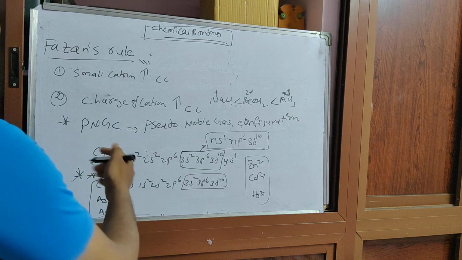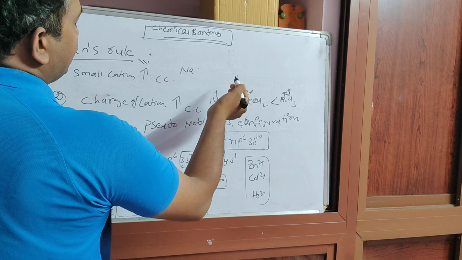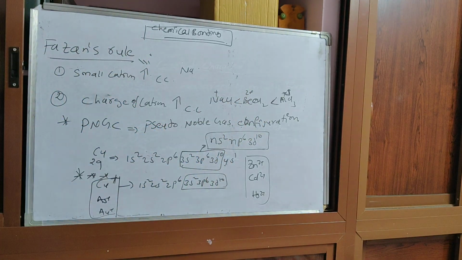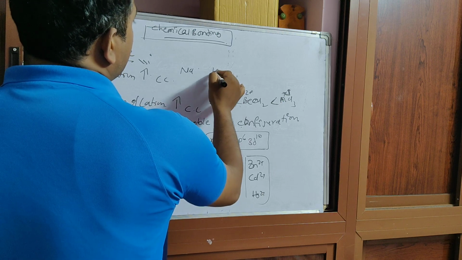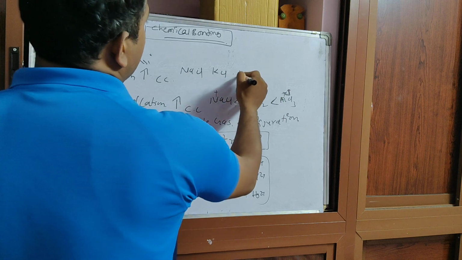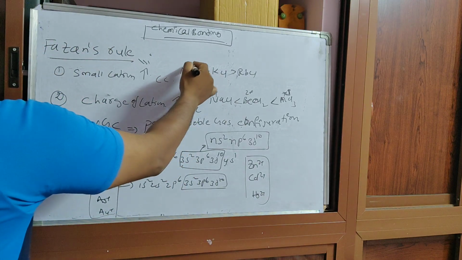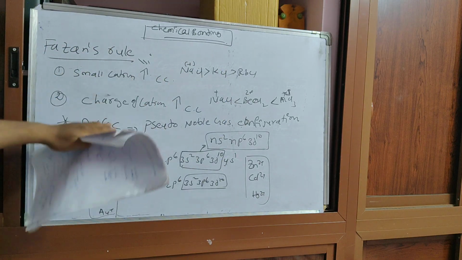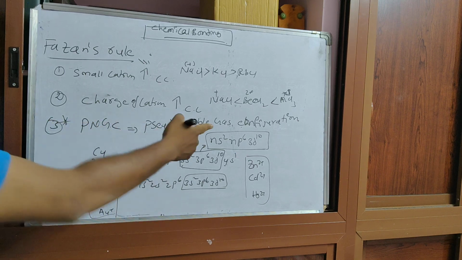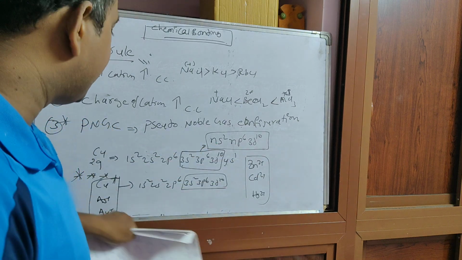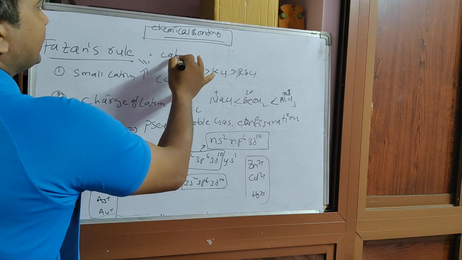Among KCl, NaCl or BCl, which one will form more covalent? This one, because it has smaller size. This is one of the examples. Pseudo noble gas configuration: whenever the molecule obtains this configuration, it will form more covalent character. This is about the case of cations.